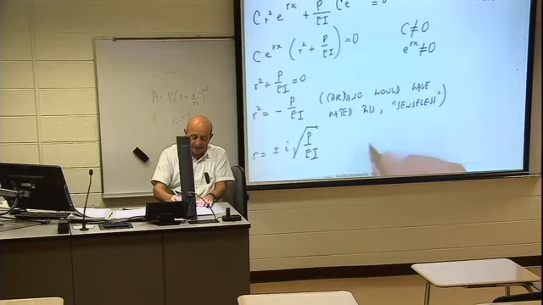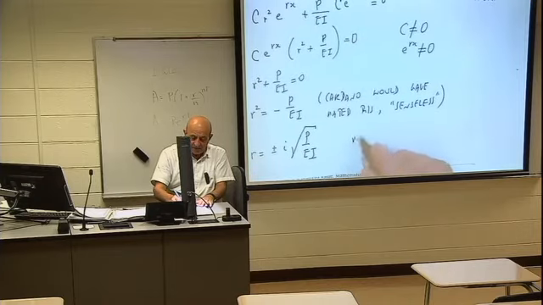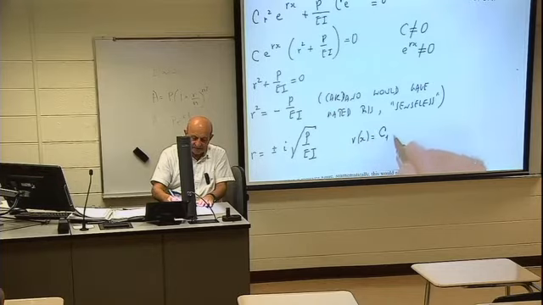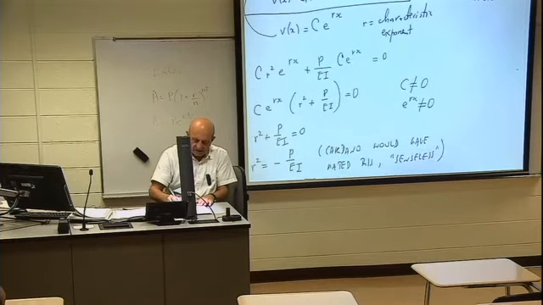Okay, so then v of x equals c1 e in power plus i square root of p over EI x plus c2 e in power minus i square root of p over EI x.